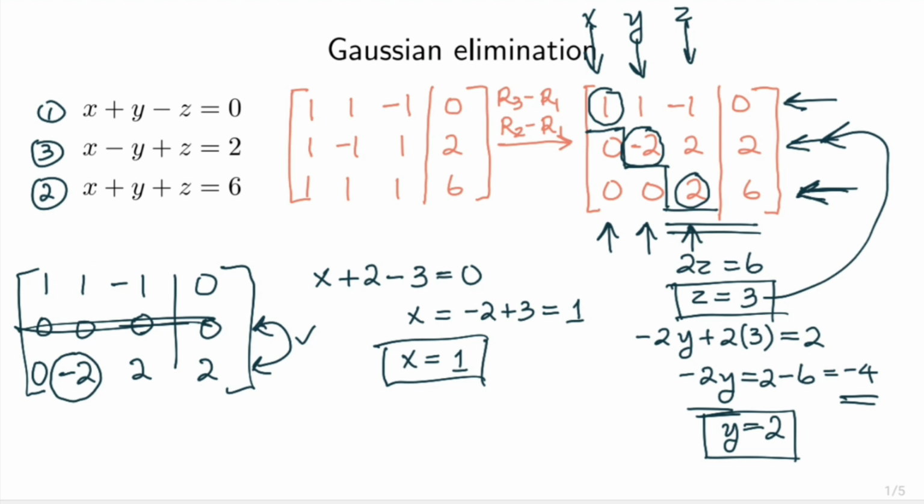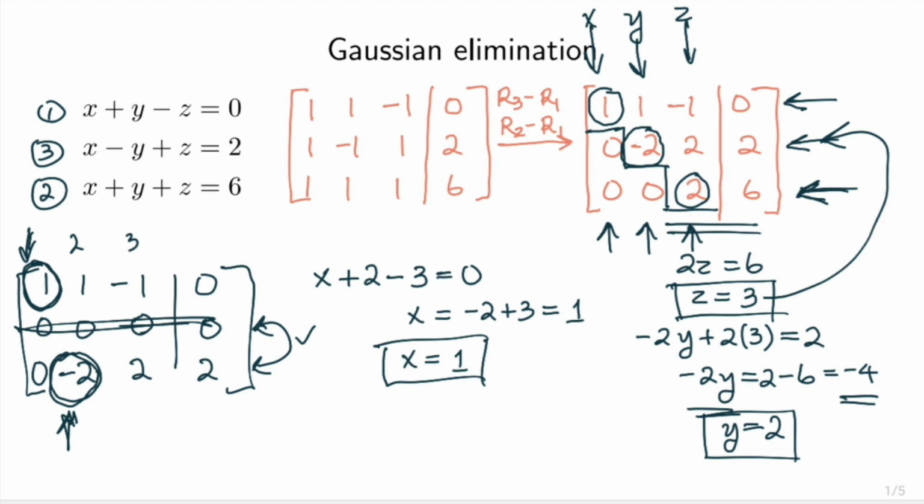But if you look at this row, its leading entry is that, and it's to the left of this one, because this one is in the first column and this one is in the second column. So because this is in the second column and this is in the first column, this one is to the left of this one, or if you will, this one is to the right of this one. So it qualifies.